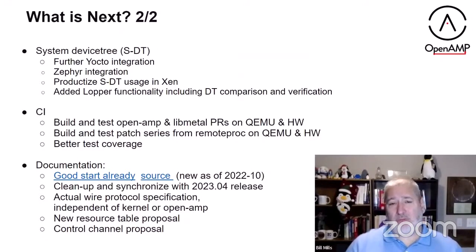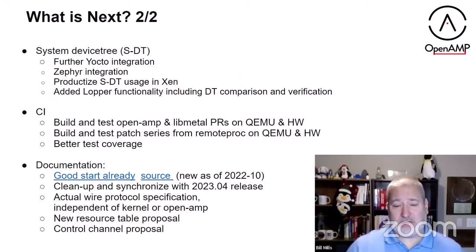Going forward, we want to clean this up and synchronize it to the releases. So in the spring release, we hope to have a synchronized release between the documentation and the libraries, and whatever the kernel requirements are at that point. We'd like to add to the document a wire protocol specification that's independent of the kernel or the libraries, or any implementation specific, describing the ground truth of the wire protocol.